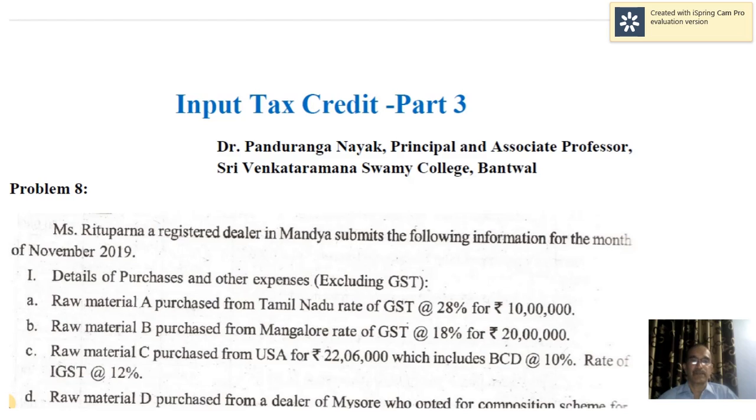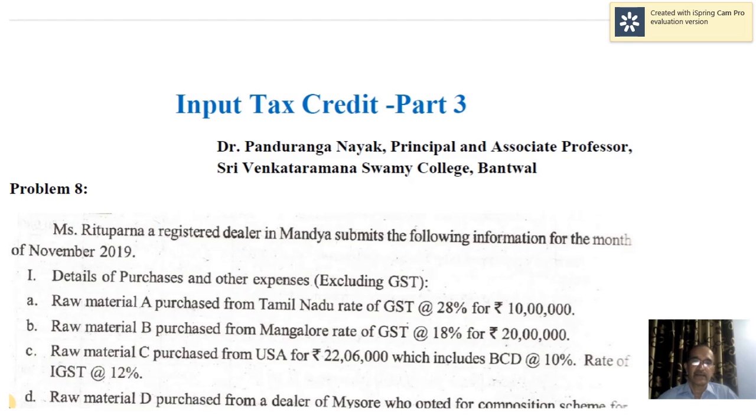If the goods are supplied within the state, then two taxes are levied simultaneously, that is CGST as well as SGST. Supposing the GST rate is 12%, 6% will be levied as CGST and 6% is levied as SGST.